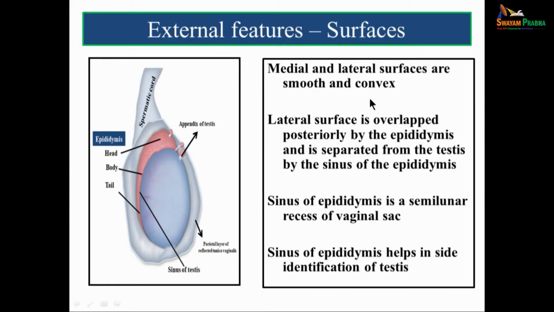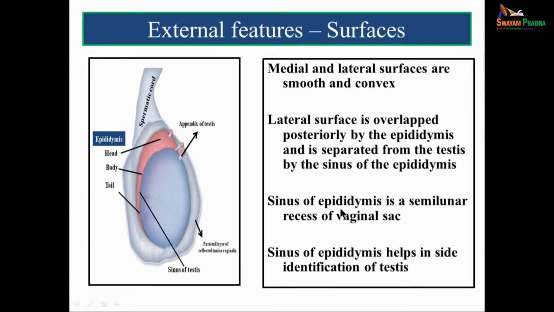Now we move on to the surfaces. There are two surfaces, medial and lateral surface. The medial and lateral surfaces both are smooth and convex. The lateral surface is overlapped posteriorly by the epididymis and is separated from the testis by a small slit-like gap that is called the sinus of the epididymis.